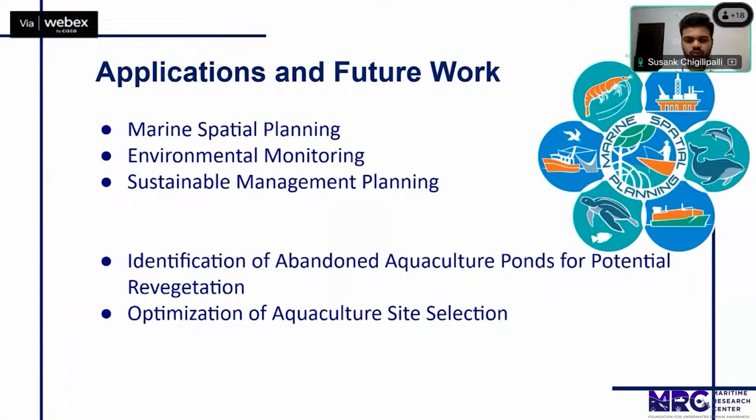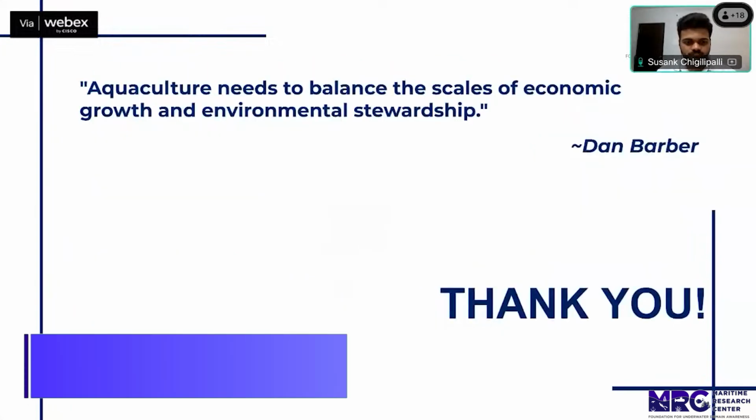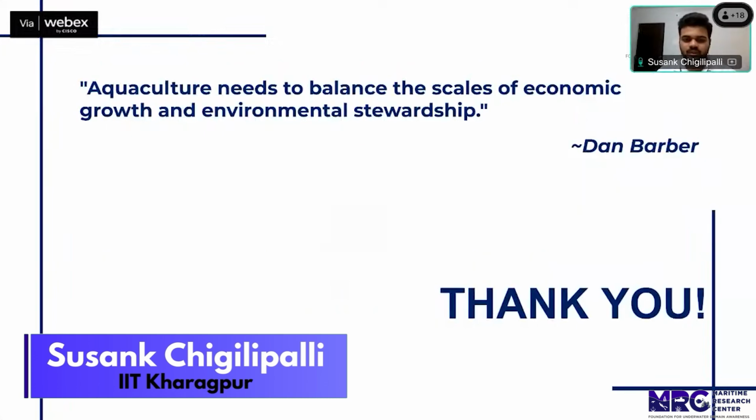This can be done with integration of new data sources and technologies and other improved analytical methods. This is a quote from Dan Barber: Aquaculture needs to balance the scale of economic growth and environmental stewardship. This emphasizes sustainable aquaculture management.